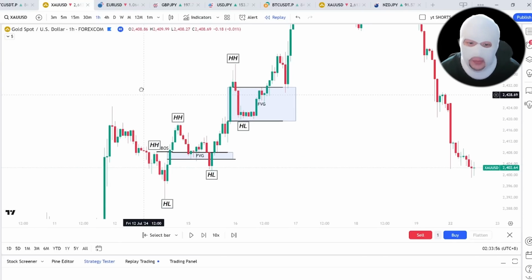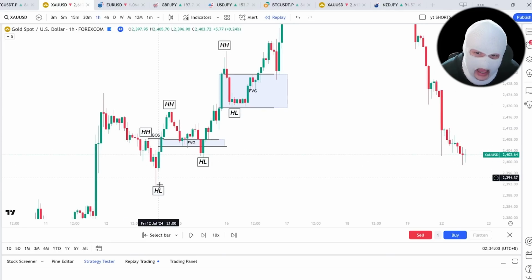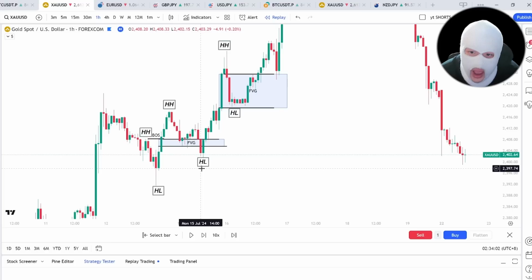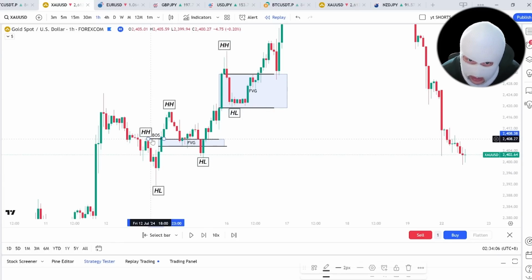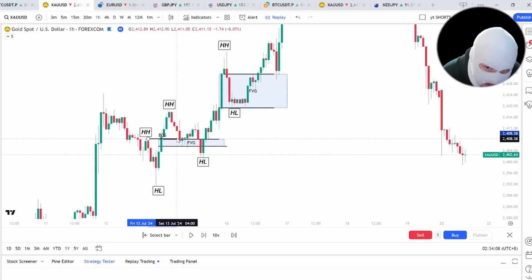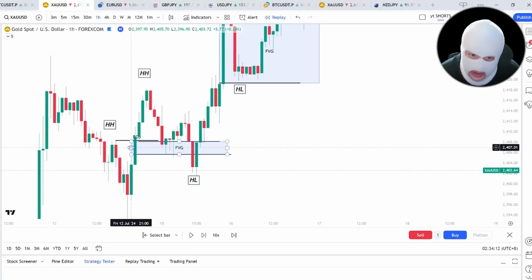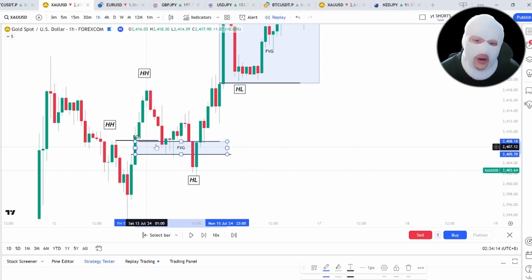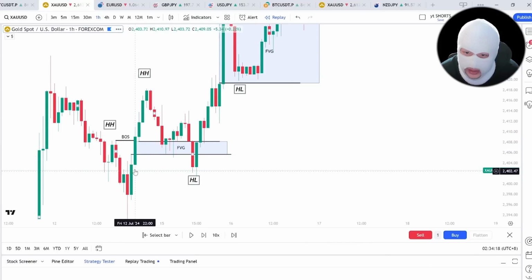In an ideal uptrend, the market continuously makes higher highs and higher lows. Every time the market breaks a structure to the upside with an imbalance or a fair value gap, a demand level is created. For those of you who are new, a fair value gap is a 3 candlestick pattern.